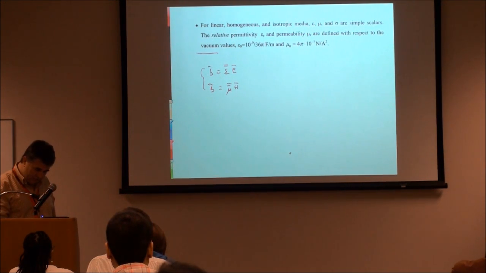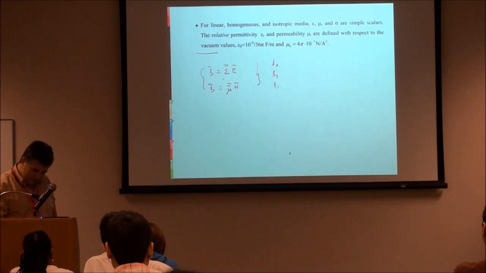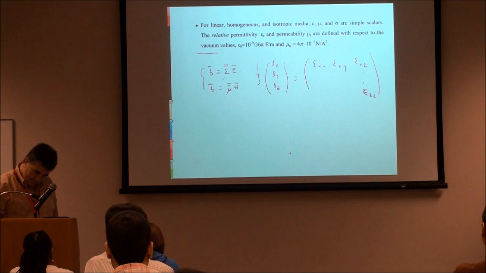It's just a notation. It means that this is a tensor. In other words, in the most general case, I have Dx, Dy, Dz equals a matrix, epsilon xx, epsilon xy, epsilon xz, and so on, up to epsilon zz, times Ex, Ey, Ez.